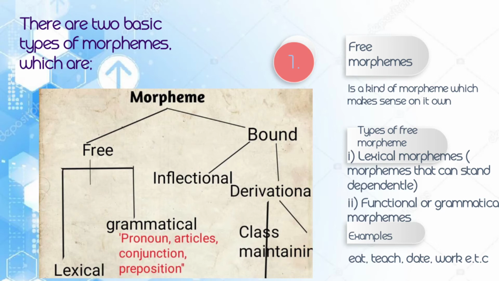Under the free morphemes, we have the lexical morphemes and then the functional or the grammatical morphemes. Examples: eat, teach, date, and walk, etc.